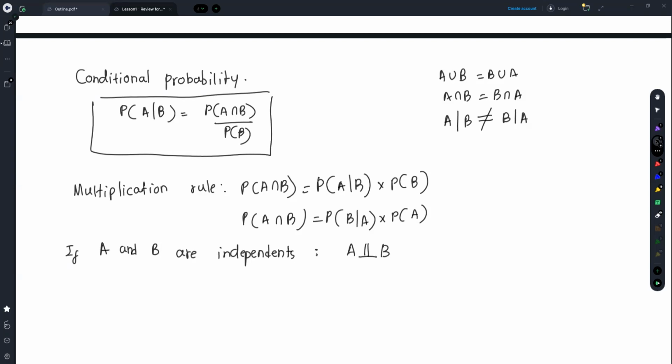If A and B are independent, what does that mean? The probability of the event A does not depend on whatever happened in event B, right? So the probability of occurrence of event A will not get affected by the occurrence of event B.